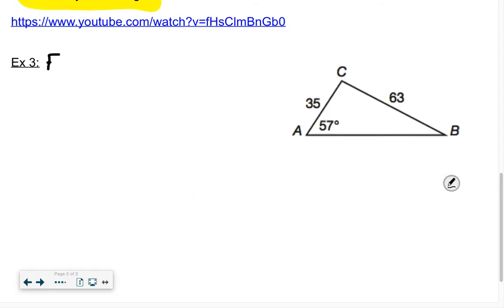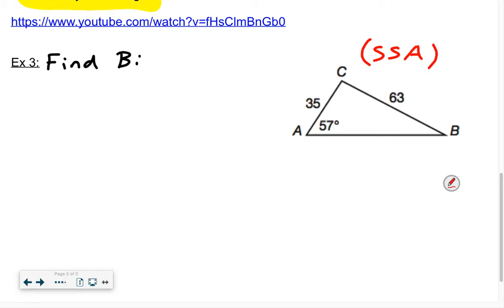For example, number 3, they want us to find capital B. And if we look at this triangle, what scenario do we have? What 3 letters? Side angle. Anytime you see side angle, you have to be leery of the two possible triangles.